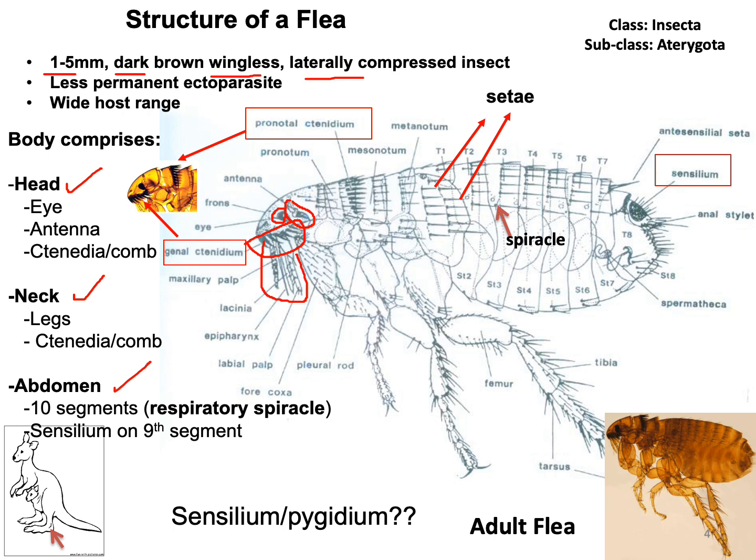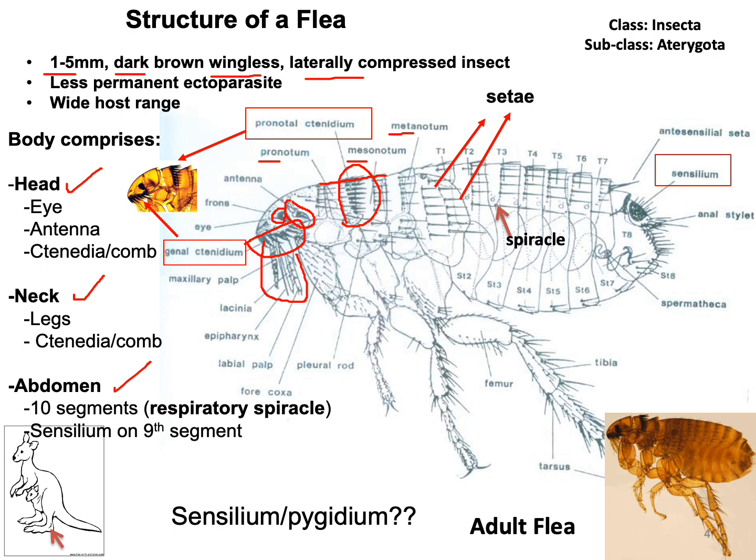After the head, the neck is located. The neck is divided into three segments. The first one is the pronotum, the middle one is the mesonotum, and the third one is the metanotum. On the pronotum segment, there is another structure called the pronotal comb, and depending on the size and number of the genal and pronotal comb, some species of flea can be identified.